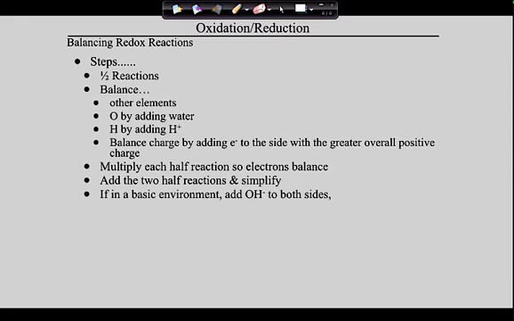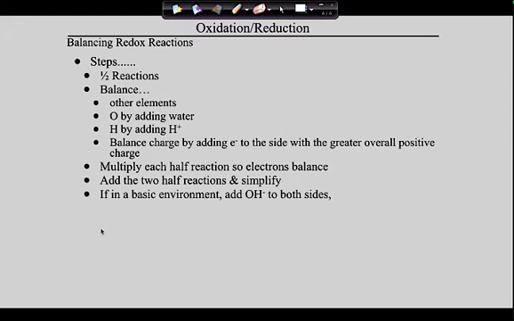So guys, the steps go like this. Step number 1 is to balance the half reactions. You don't know what that means yet. We'll show you in a minute. Once you've got your half reactions identified, you will then balance each of these half reactions, but you have to balance them in this order.